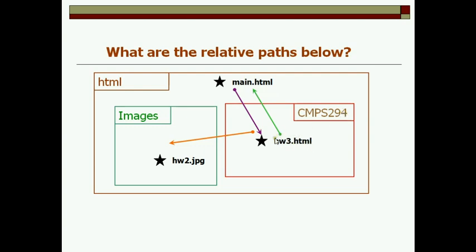Now, this file, when loaded, may refer to this picture that is in this directory. Therefore, from here, in order to point to this file, you will need to go up one level to the parent directory and then specify from there the path images/homework2.jpg.